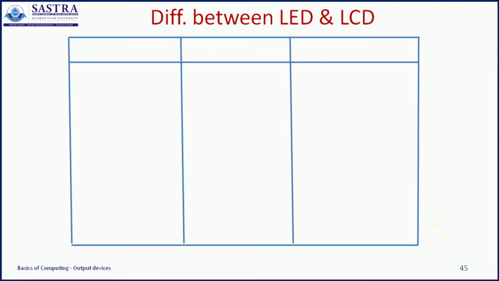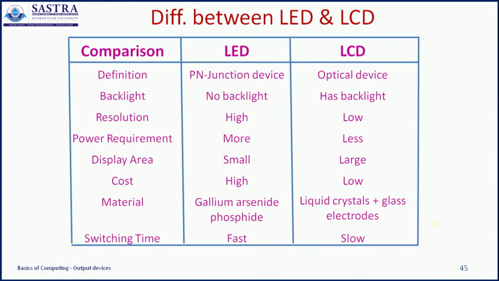Having seen this, let us move on to the differences between LED and LCD. LEDs are PN junction devices, whereas LCDs are optical devices. There is no backlight in LED, but there is a backlight in LCD. The power requirement is more for LED and less for LCD.